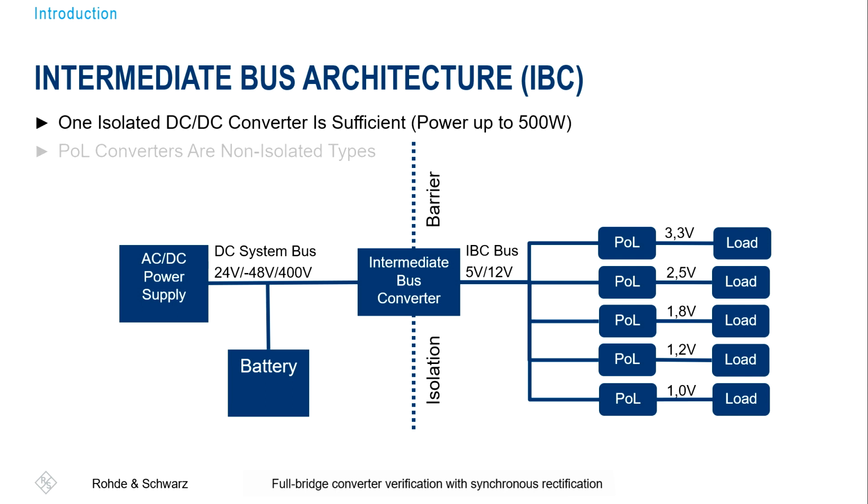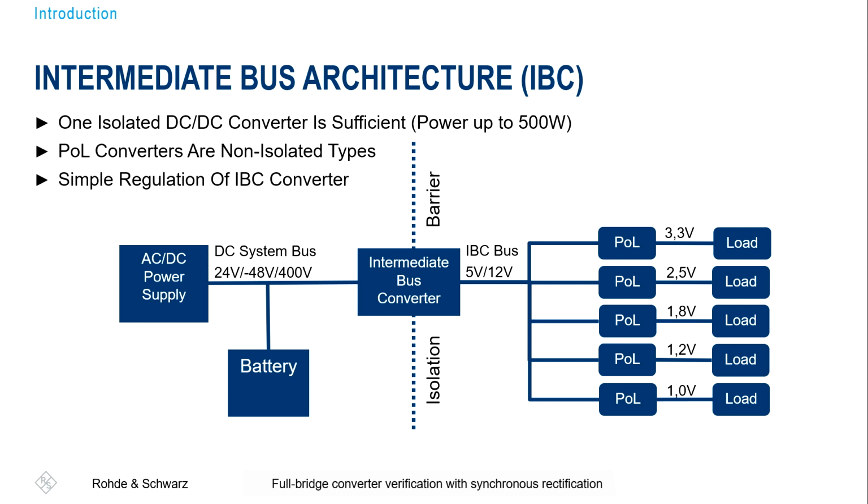The benefit here is really that we have only one isolation barrier in one converter, which simplifies the system. And we have only point of load converters, which are a non-isolated type at this point. This also gives us the possibility to relax the regulation requirements for this intermediate bus converter, because we have a two-stage system, the intermediate bus converter, followed by the post regulator.